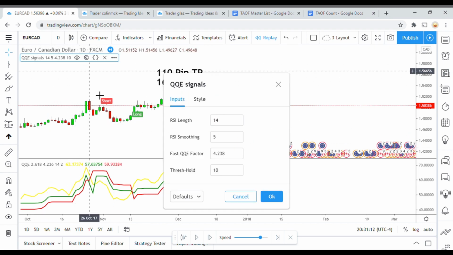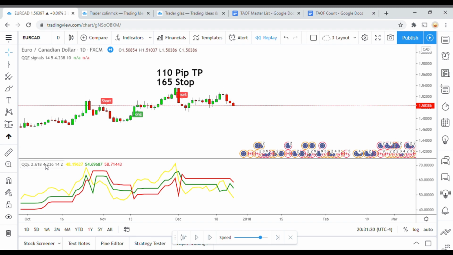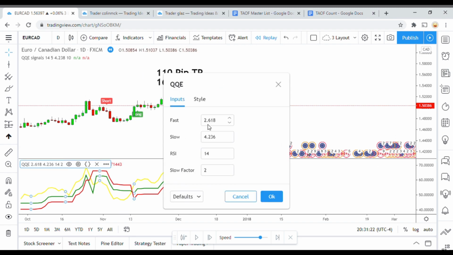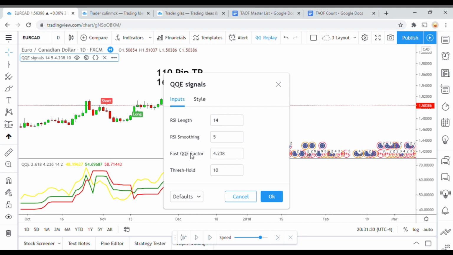Let's see if we can just bounce them back and forth. There is a fast, and there's a fast there, and then there's slow. Yeah, the inputs are slightly different from one to the other.